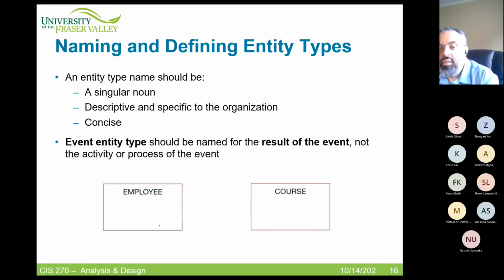A weak entity is an entity that we can't get an identifier from the attributes that it has. We need more attributes from another entity to get or create an identifier for it.